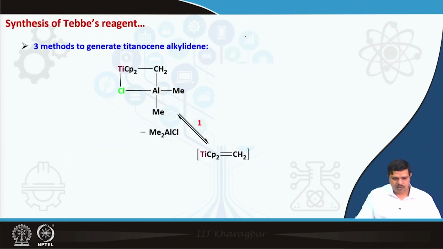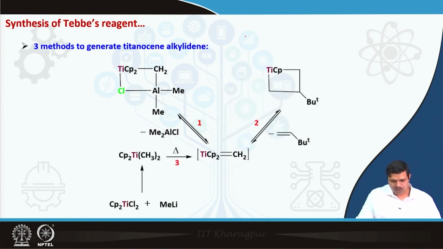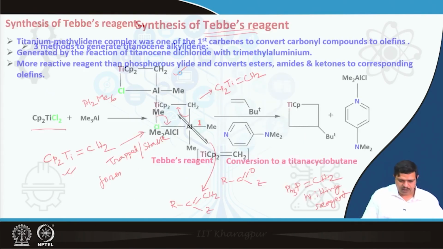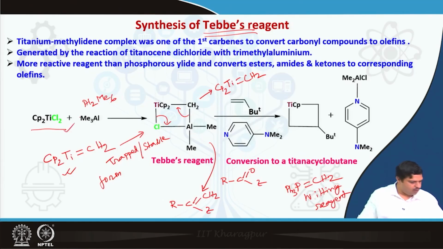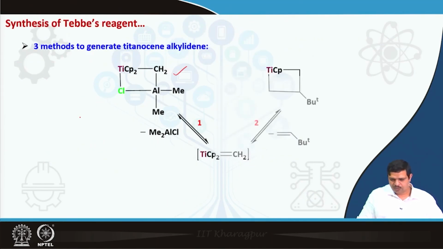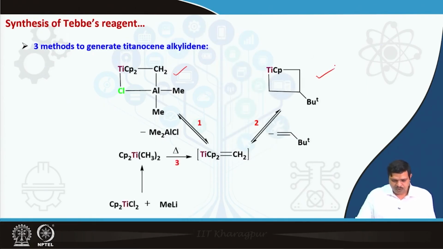So these are some strategies to make the metal carbene complexes. It's good to know, okay. You can start from here, that we already discussed in the last slide, that is this strategy, okay, and this one you can make from this metallocyclobutane, and also from this one, okay, just by heating.